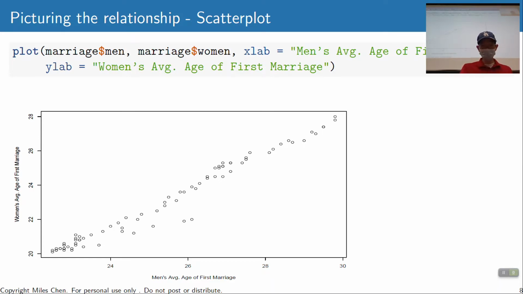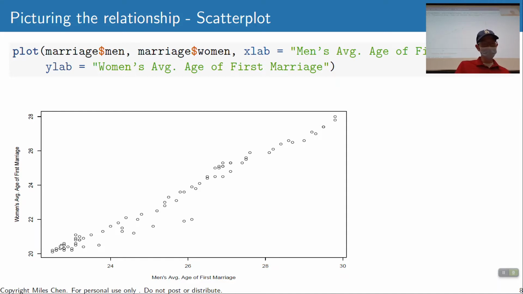And what we see in the dots plotted looks almost like a straight line. There are a couple of points that don't quite fit the line, but overall, in years where the average age of men's first marriage was high, that tended to correspond to years where the average age of women's first marriage was also high.